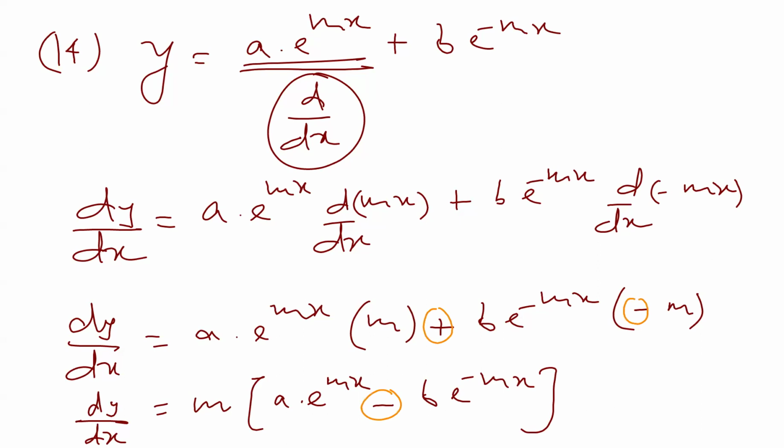Now we are supposed to differentiate this further because the proof requires d square y by dx square. So differentiate this once again. m will remain outside, it's a constant. Derivative of dy by dx is d square y by dx square.